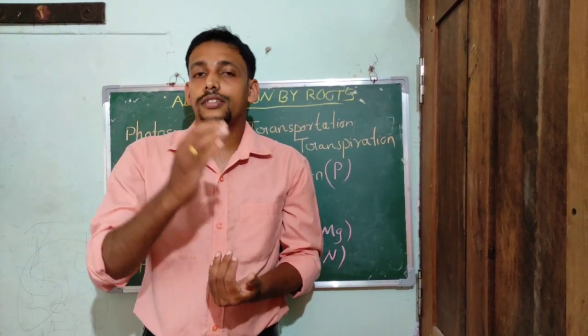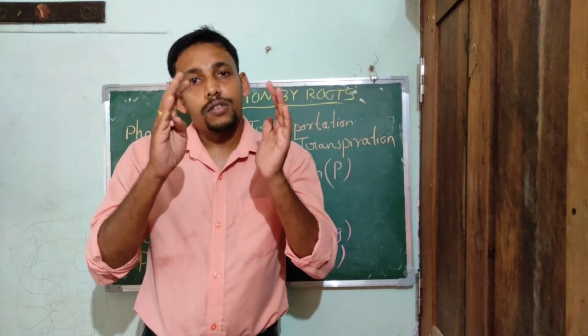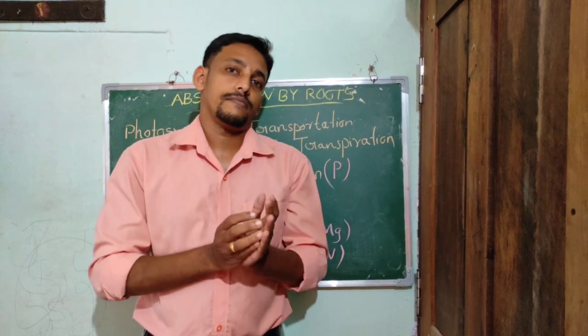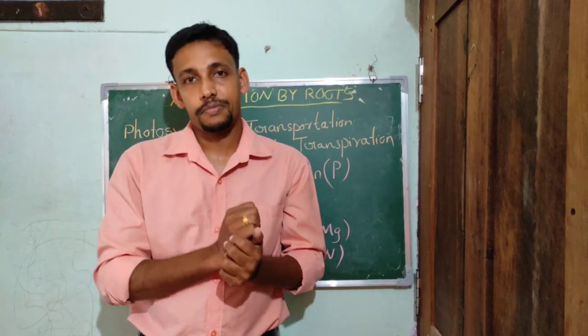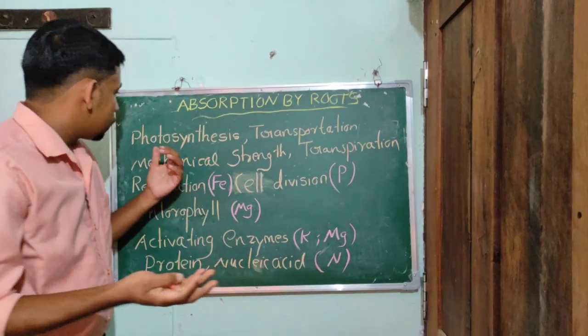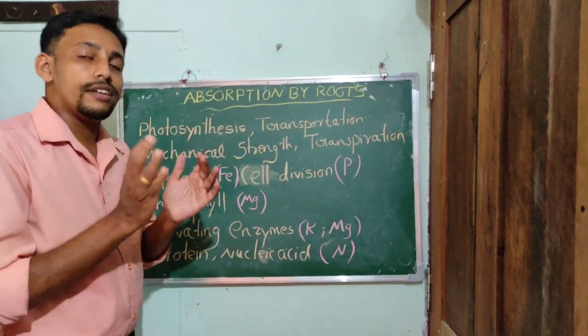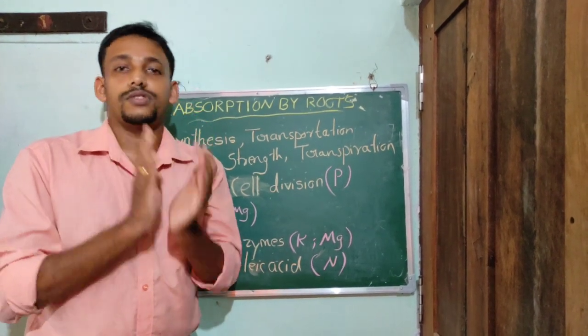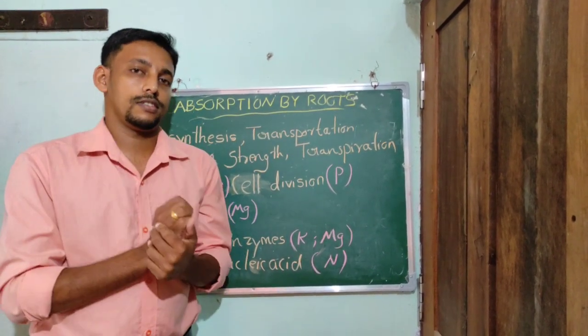For the various biochemical reactions occurring in the plant body, water is the medium. So, for photosynthesis, the plant needs water. Water is a raw material for the process of photosynthesis.